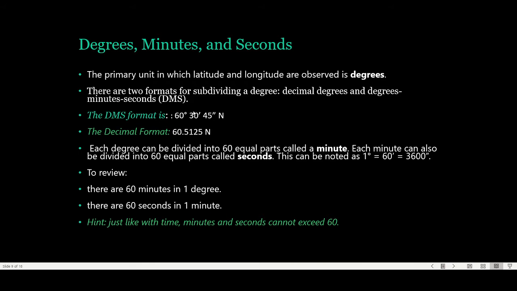But the degrees can only go up to the maximum of the latitude degrees, which is 90 degrees, and for longitude, the maximum is 180 degrees. It depends on whether you're talking about latitude or longitude.